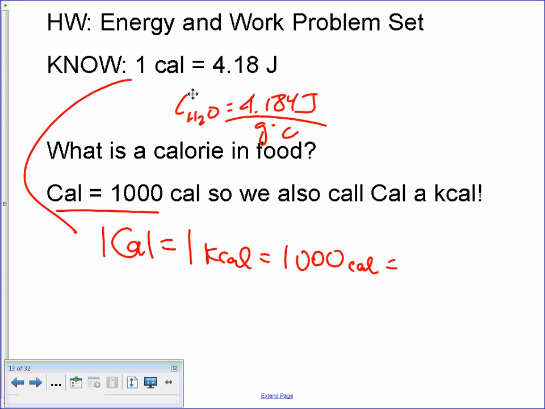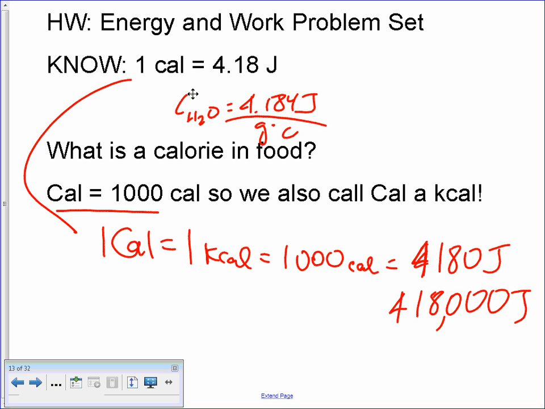4,184 joules, close to 4,180. So in a banana, there's 100 of these big C calories. How many joules are in a banana? That number times 100, which is 418,000 joules in a banana.